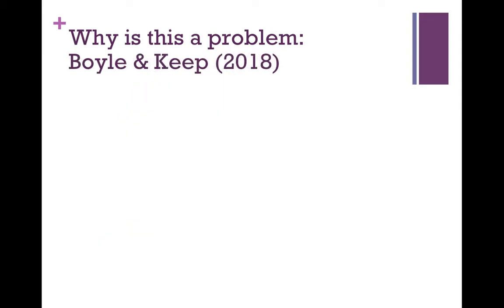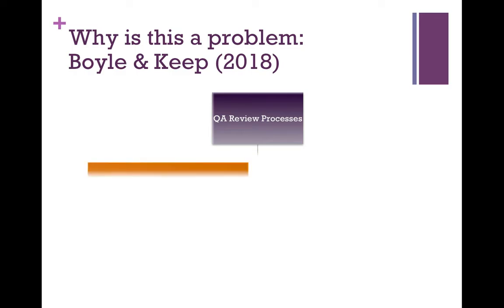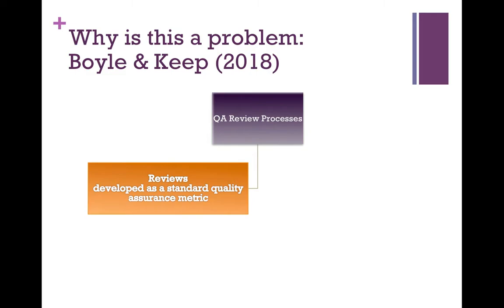In 2018, Boyle and Keeps studied over a decade's worth of data from the Royal College of Medicine concerning quality assurance review processes. They've defined quality assurance reviews as a standard quality assurance metric. This study is extensive and lengthy, yet the findings are associated with doctors and nurses, not paramedics, so there may be some issues with generalizability in the medical field.